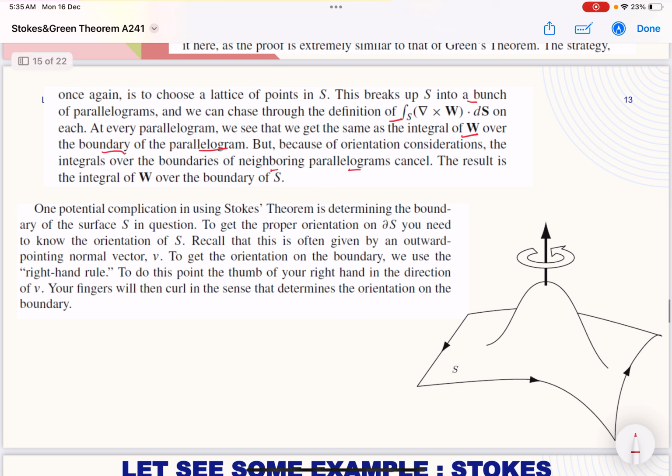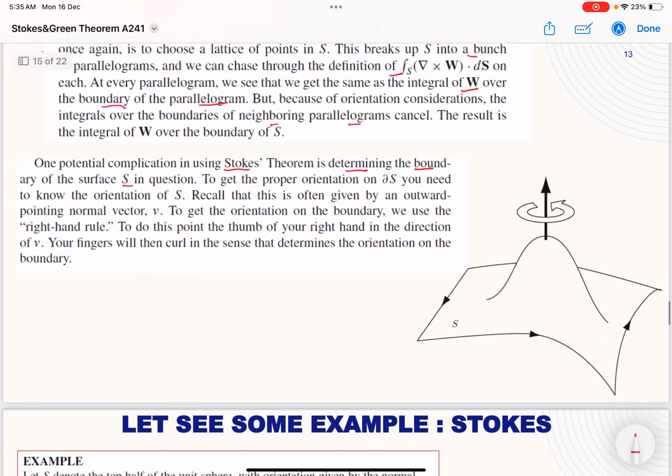One potential complication in using Stokes theorem is determining the boundary of the S in question. So this is the difficulty of using Stokes theorem. We need to determine what the boundary surface is. For example, this is the boundary surface.